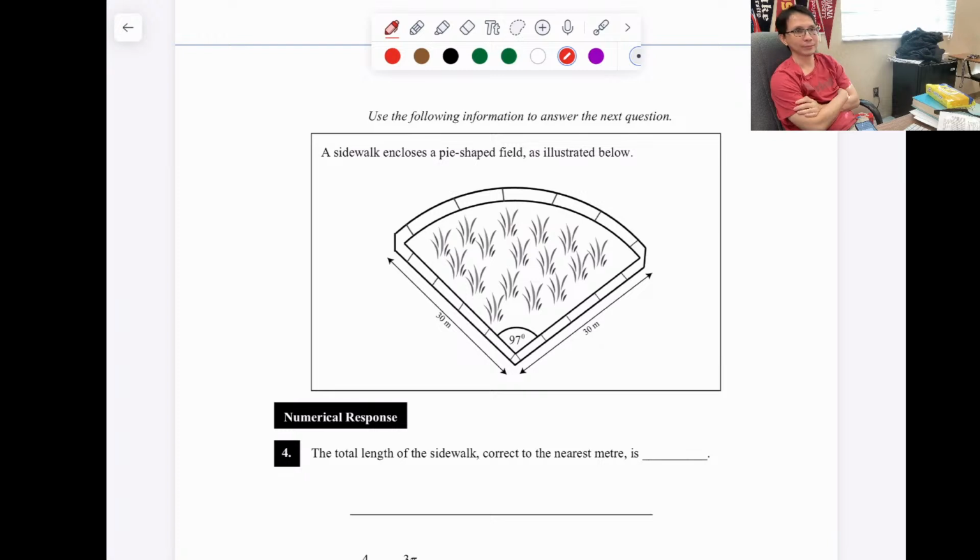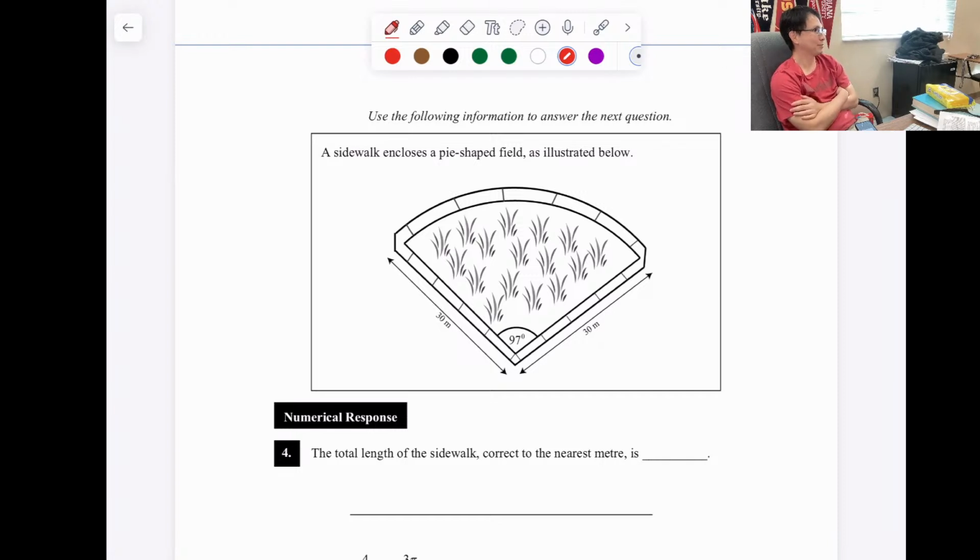No, 2 pi. It's 97/360. Wait, it's asking for the total length. It's not asking for the area. It's 60 pi. The sidewalk. Look at the sidewalk. 60 times 97 divided by 360.